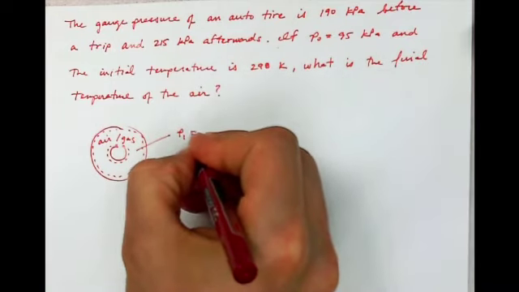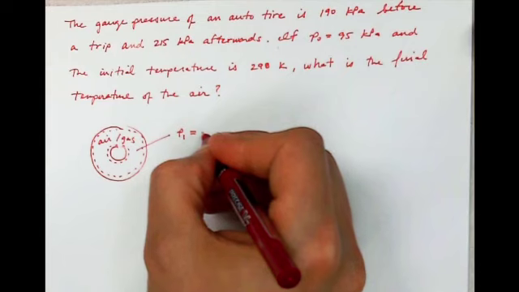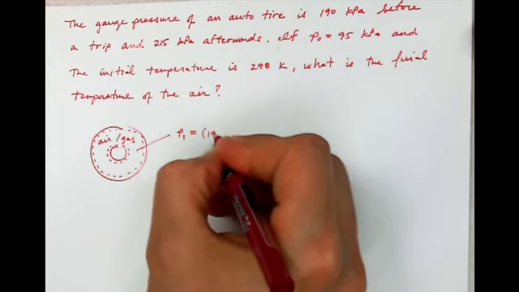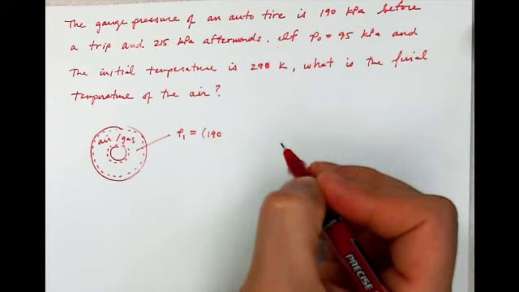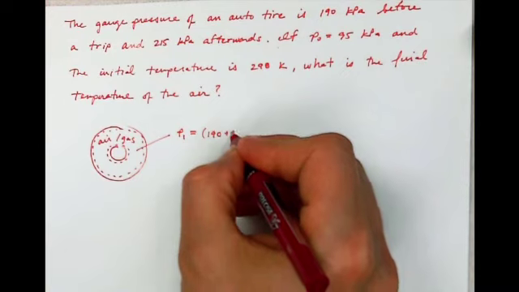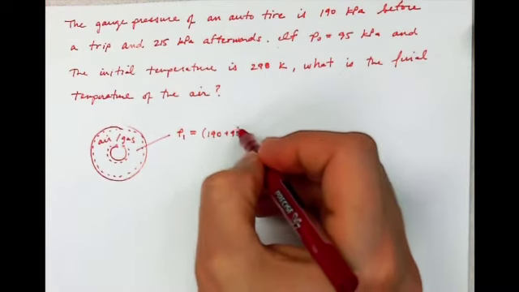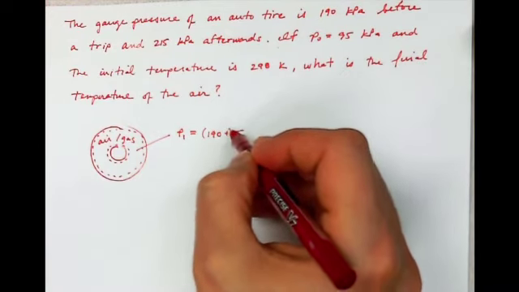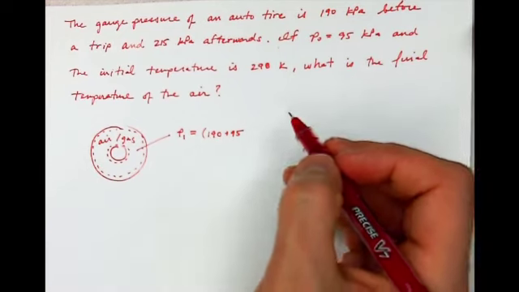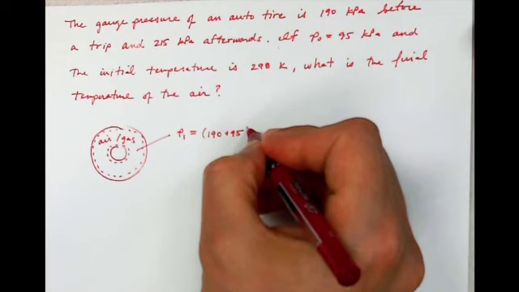So the absolute pressure, the thermodynamic pressure at 1 is our given value of 190, and we have to add to it the atmospheric pressure, because this is the pressure that the gauge doesn't read on its own. It reads atmospheric pressure as 0, so we add on the atmospheric pressure to get the absolute pressure.